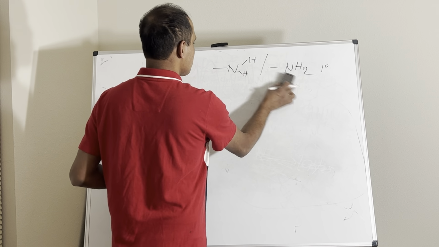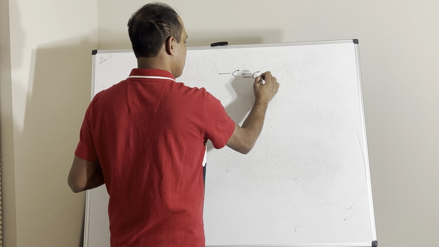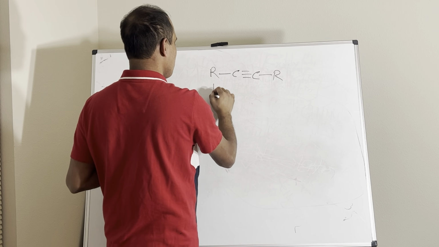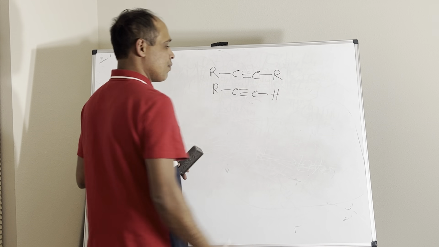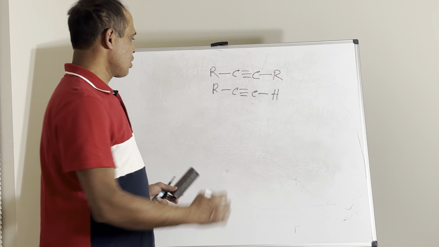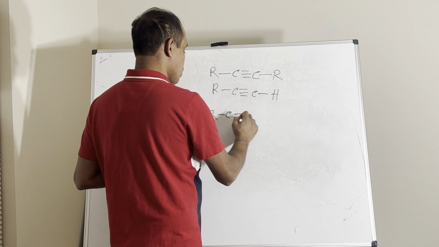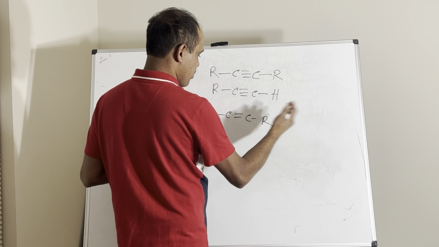You also have the alkyne group, which can be an internal alkyne or a terminal alkyne. You also have the carbon-carbon double bond, which can also be internal, inside or outside, whatever.